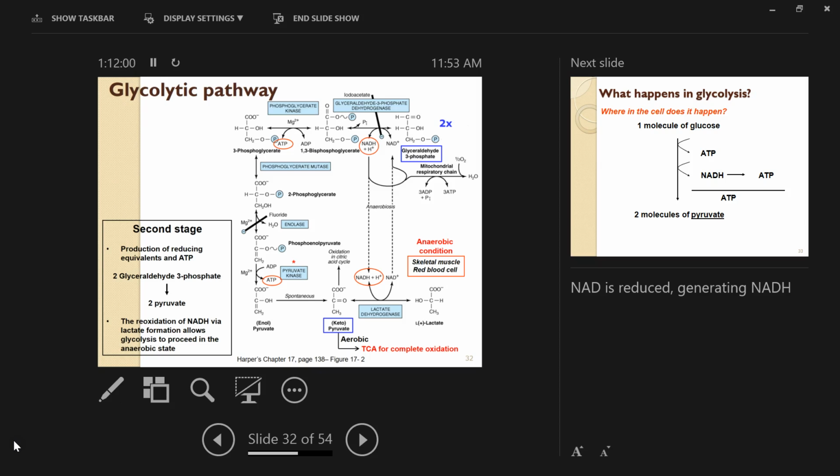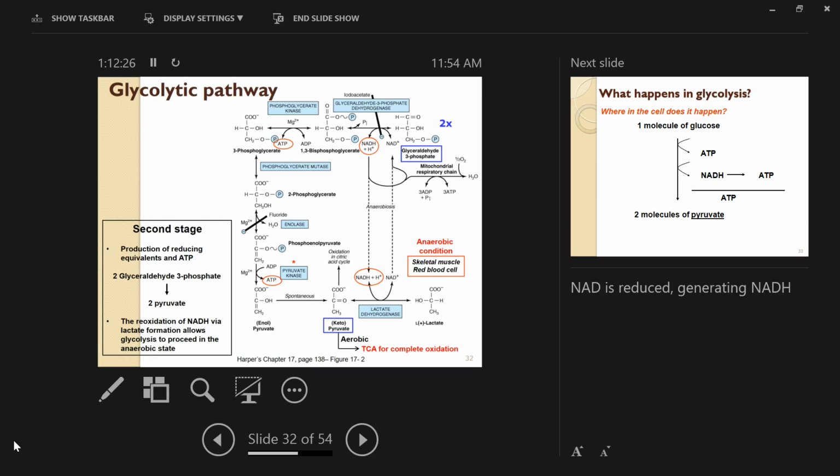We have 2, right? 2 three-carbon intermediates, so 2, yes. So how about under anaerobic condition, how many NADH? 0, yes. Thank you.